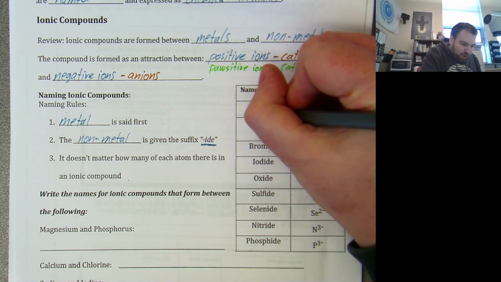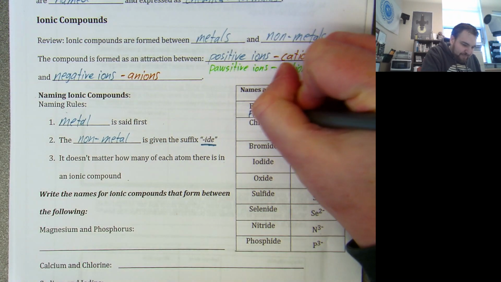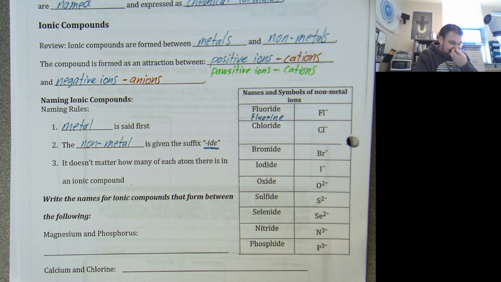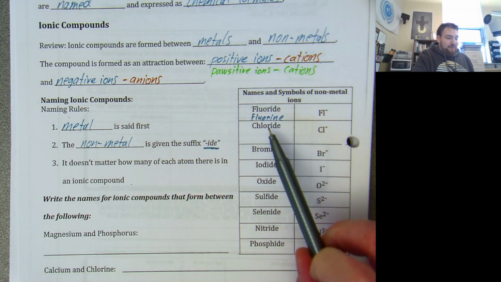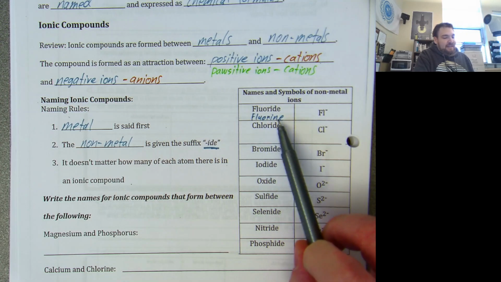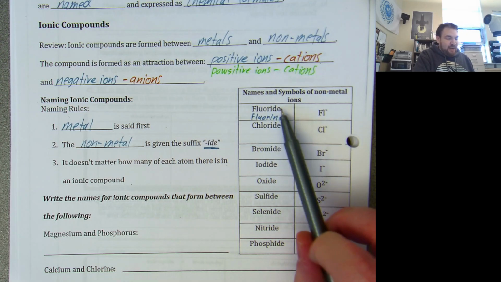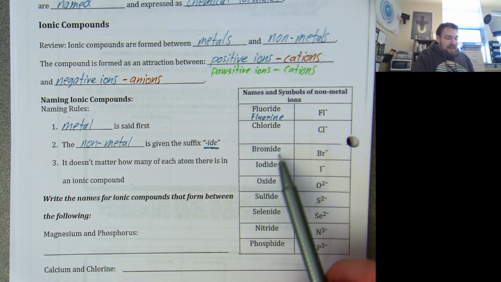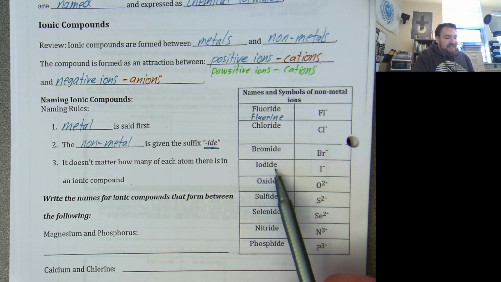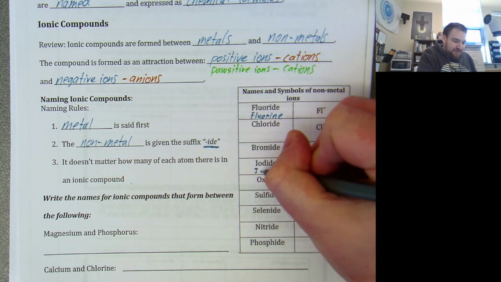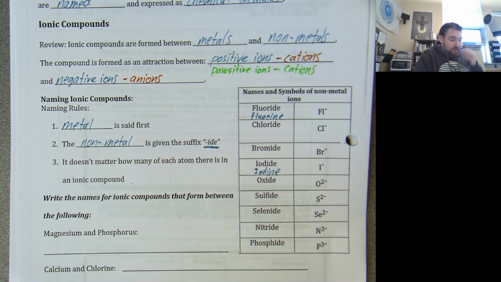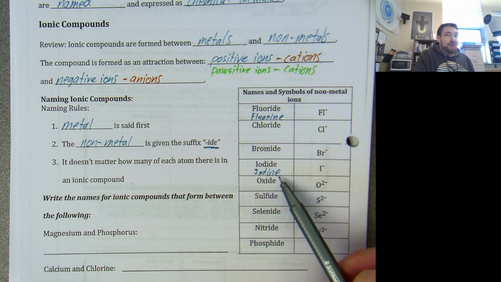Originally it was fluorine. It became fluoride. The first syllable there is the fluor, and then the ine becomes ide. Chlorine's the same, bromide's the same, iodide is the same. It was iodine or iodine, depending on where you are in the world. And then iodine becomes iodide.